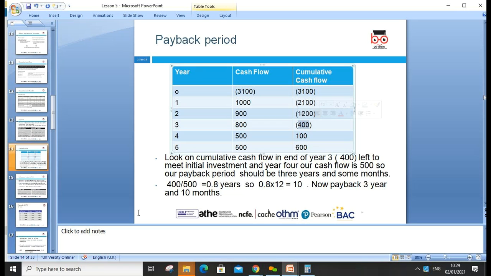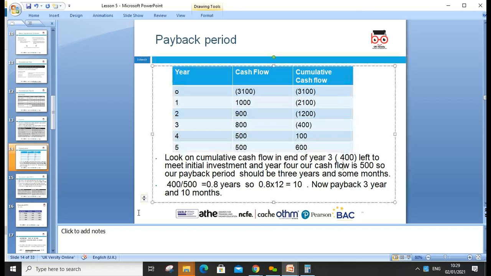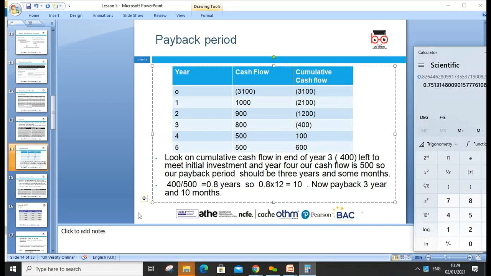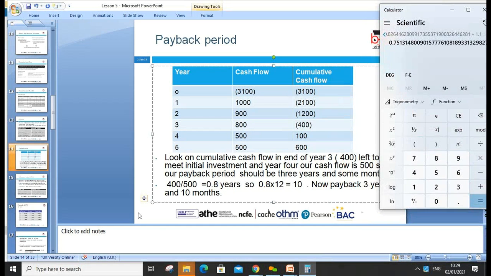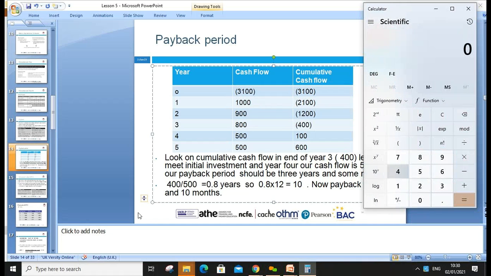So we have 400 left to recover at the end of 3 years. So we can say this project will take 3 years and some months. We don't know how many months. So at the end of year 3, outstanding amount divided by the following year's inflow, times by 12. Because in the following year we are getting more money than what we have outstanding, it means it won't take a full 4 years.